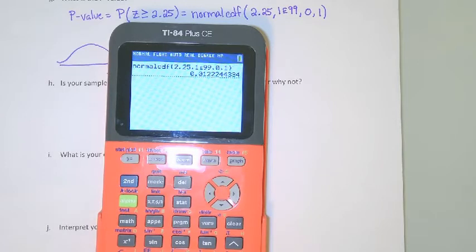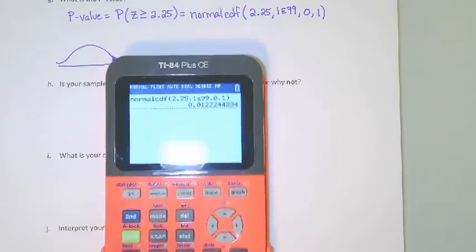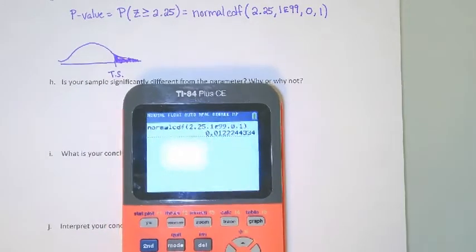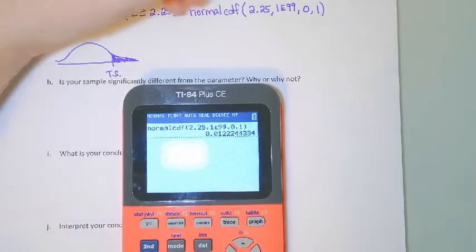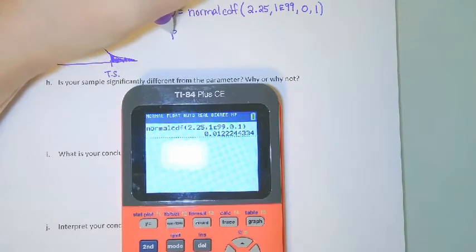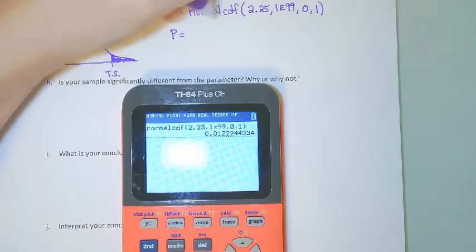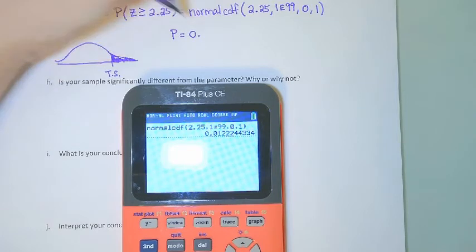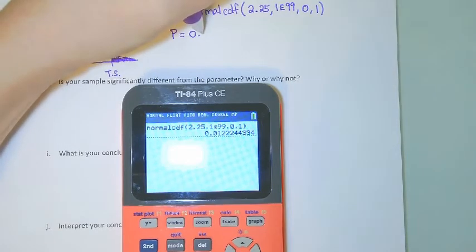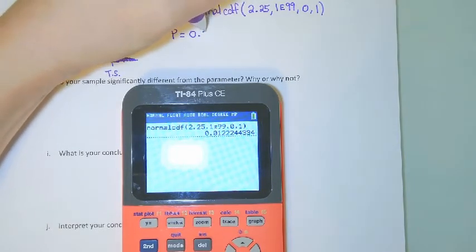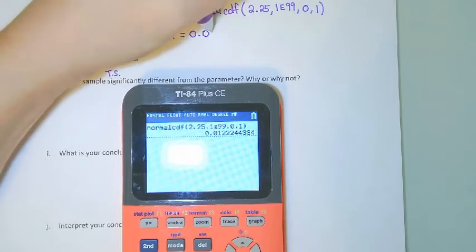I'll hit enter, and I'm going to round to 3 decimal places. So I have a p-value of 0.012.